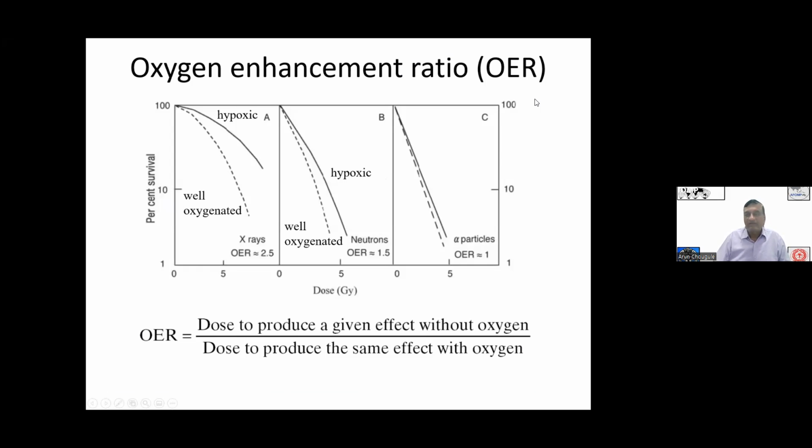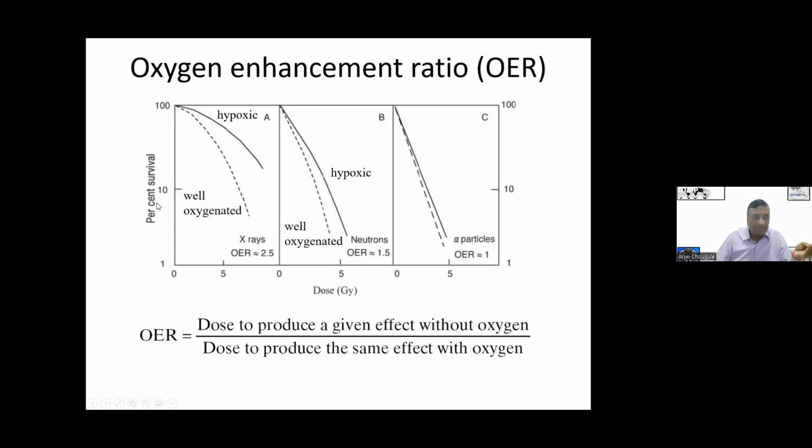And here you can see the oxygen enhancement ratio, well oxygenated and hypoxic, with X-rays or photons. I told you the oxygen enhancement ratio is of the order of almost 2.5. So here, if the cells are oxygenated, the dose required is much less, and you get a very good response.